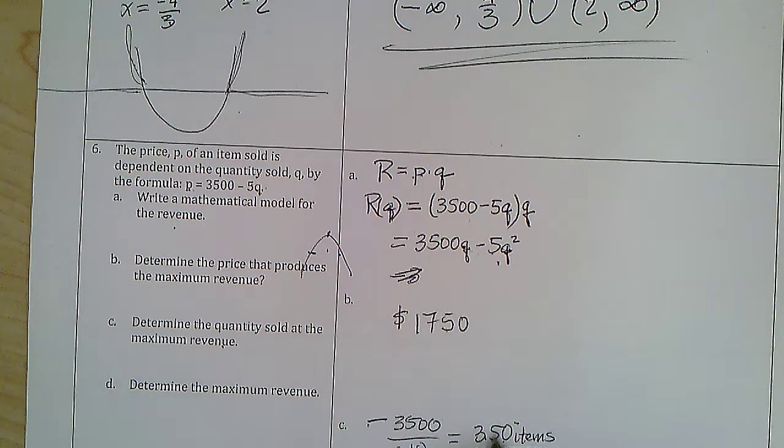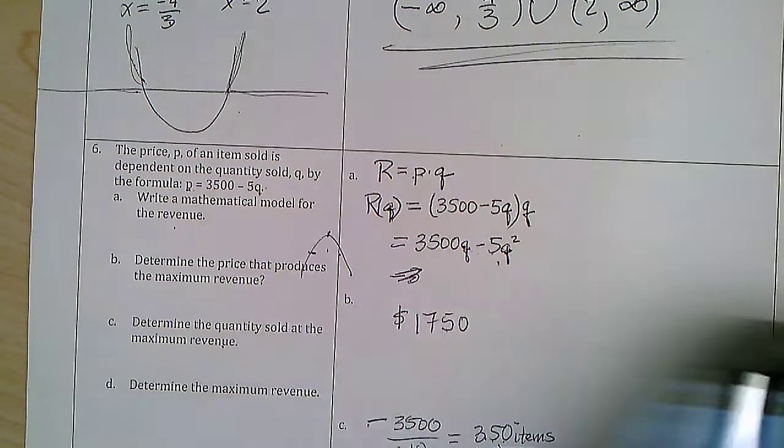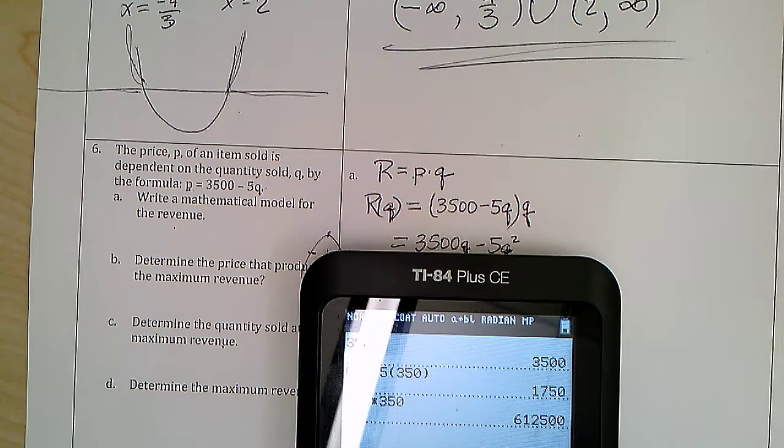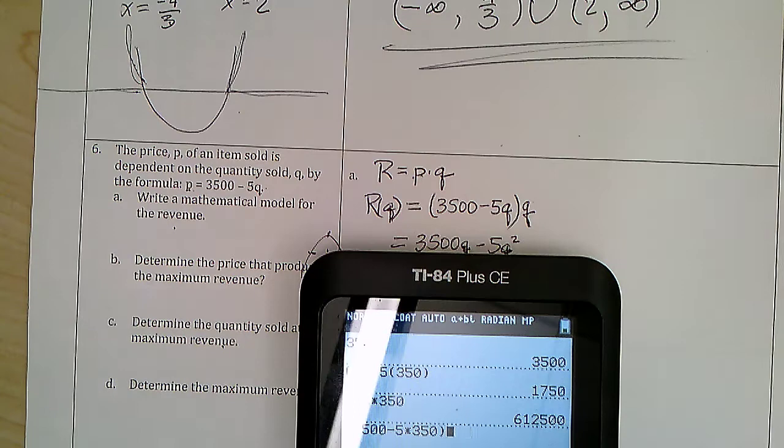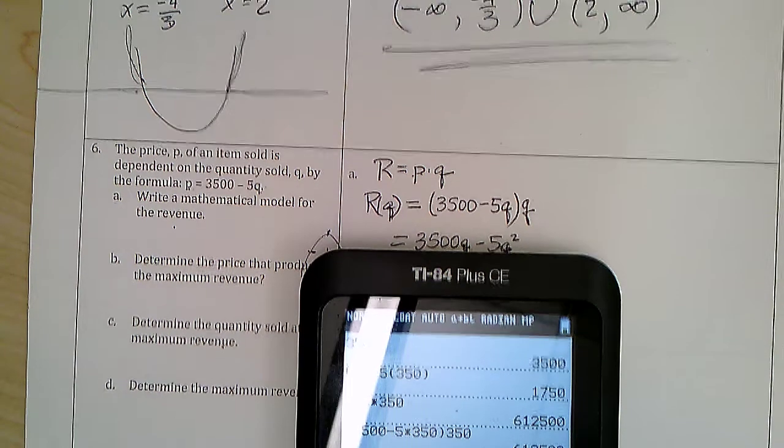Or we could put 350 into this equation, parentheses 3,500 minus 5 times the quantity is times 350 times the quantity, 350, get the same number.